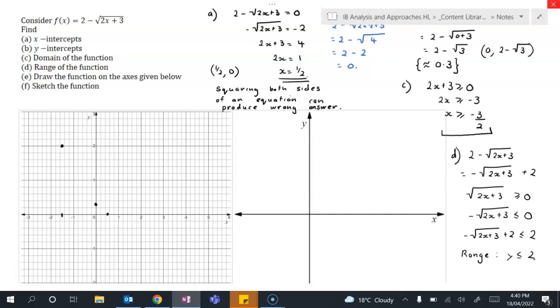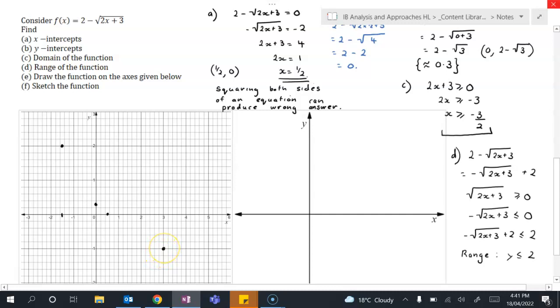Okay, now perhaps one more point. We'd like to pick a point when 2x plus 3 gives us a whole number when we square root it. So if we think about, for example, when x is equal to 1, it's 5. If it's 2, it's 7. If x is 3, 3 times 2 is 6, plus 3 is 9. So we get the square root of 9, which is 3, and 2 take 3 is minus 1.